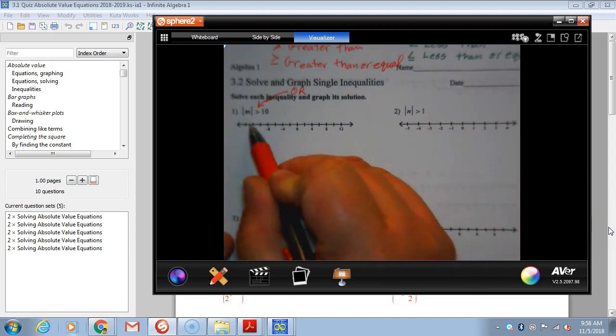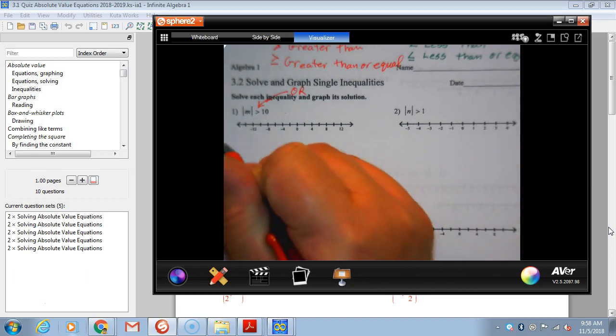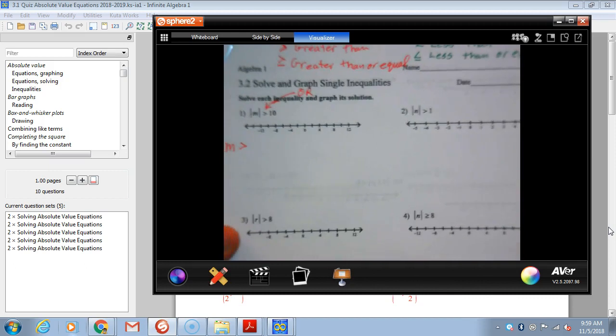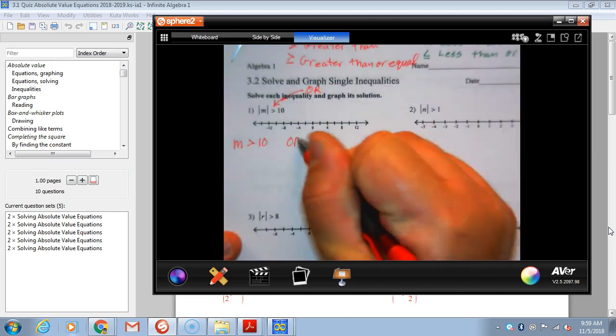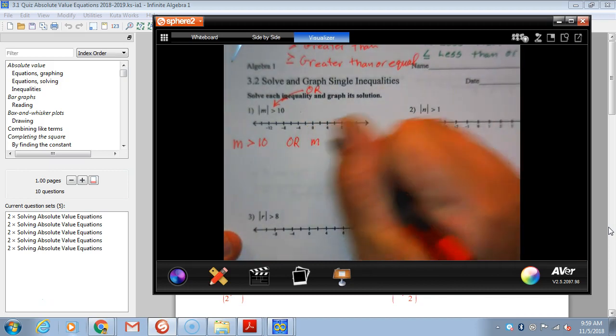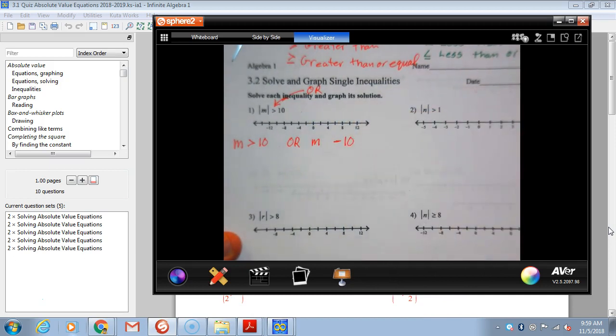In order for me to drop my absolute value symbols, I have to take what's inside. This is going to be greater than 10, or, I have to use the word or, take what's inside, and take the opposite of what's there, negative 10.